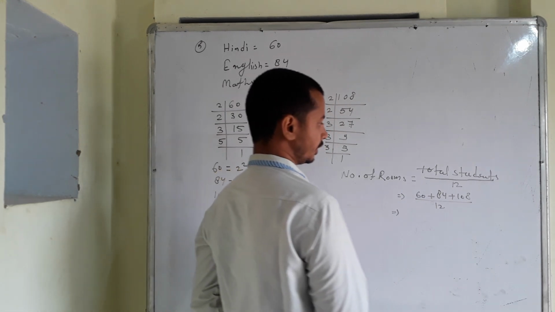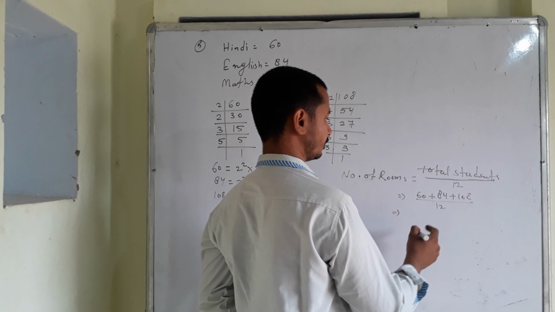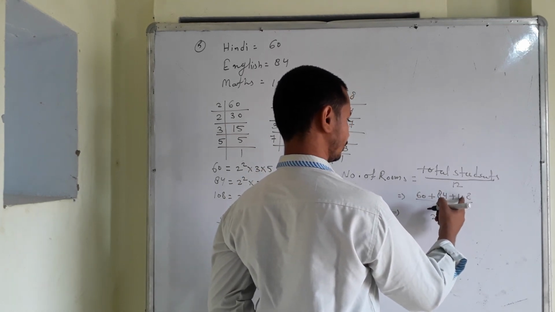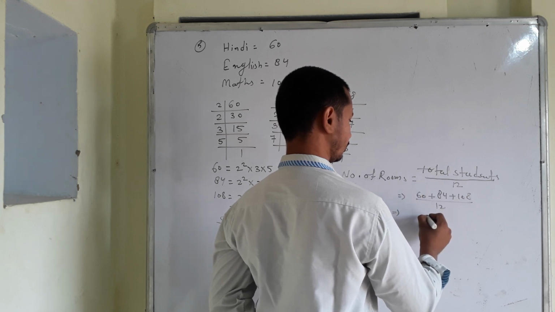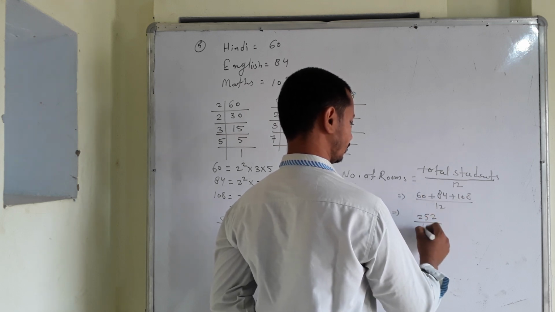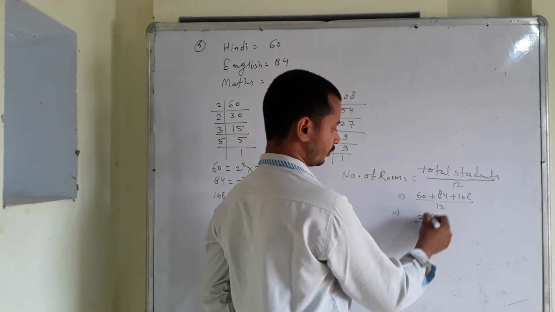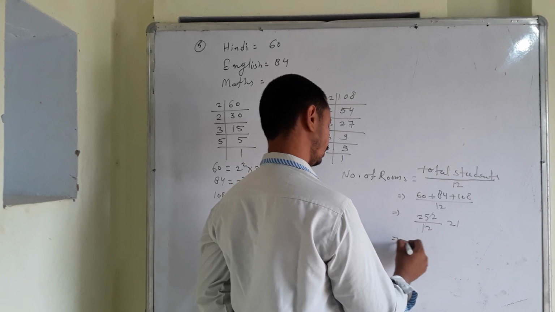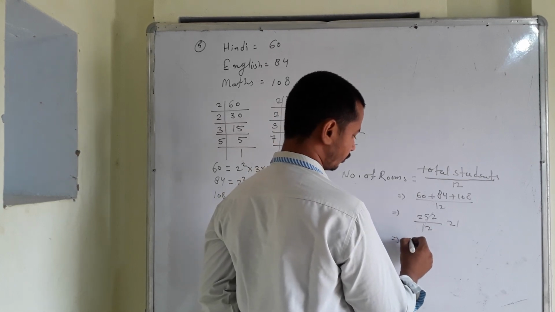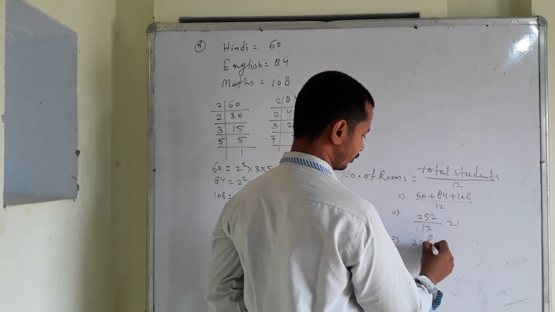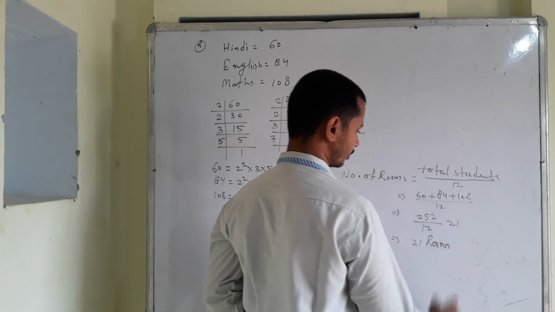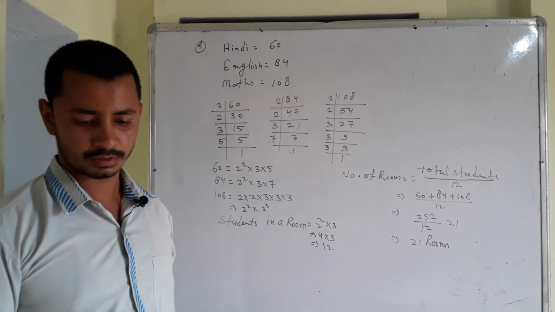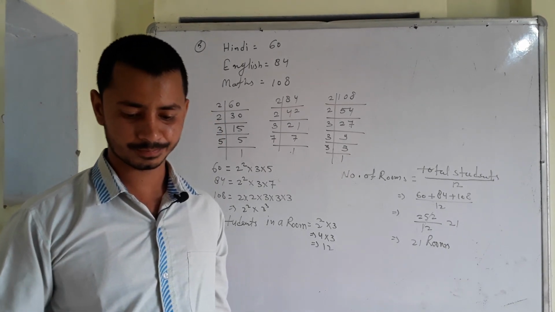So we find the sum of the numbers, and the number of rooms is 21. So the required number of rooms is 21 rooms. Okay, and the chapter of 2.2 is complete.